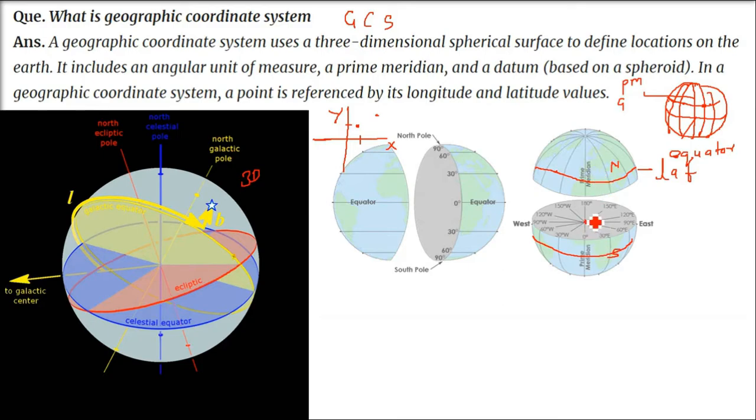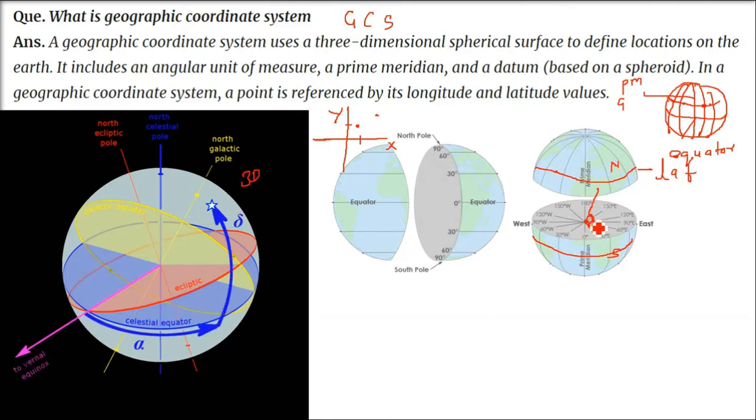So latitude and longitude are angles. For example, we want the location of this point. The line joining the center to that point on the surface is making some angle with the equatorial plane. That is called the latitude. Now coming here, take the center of the Earth and take any point on the globe.